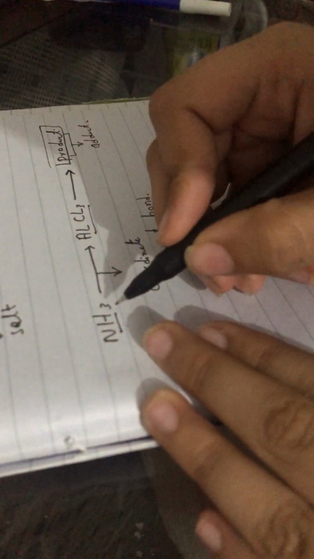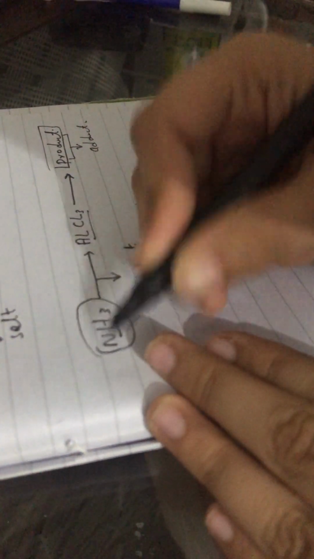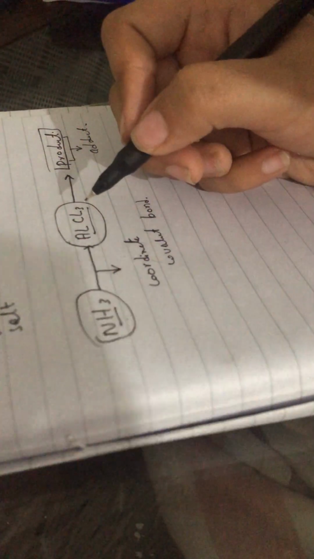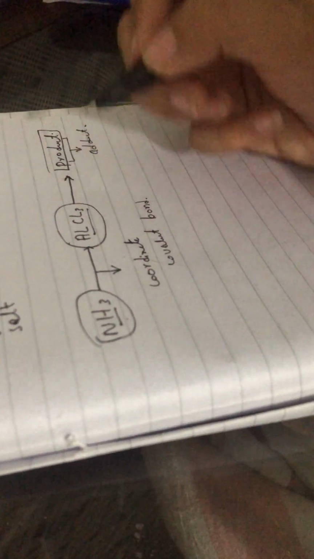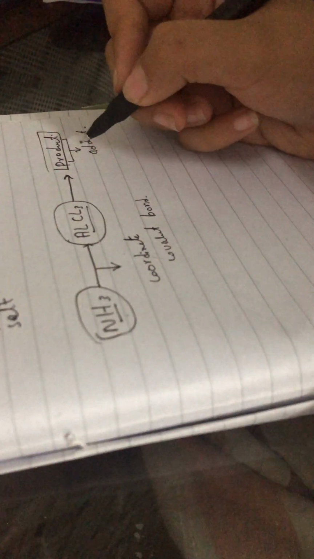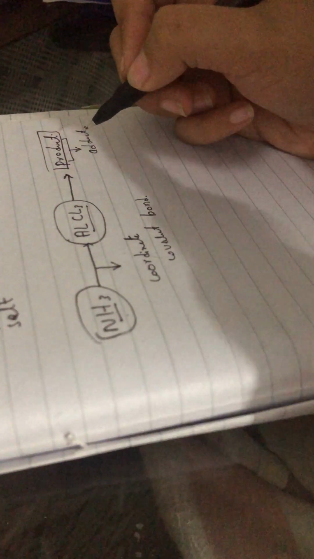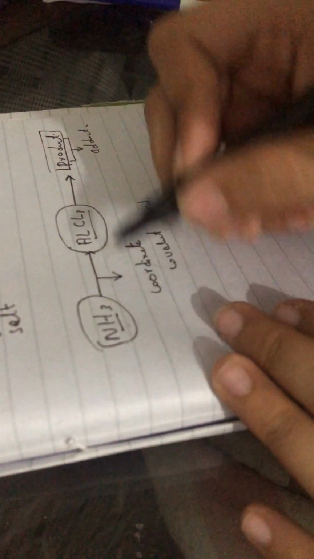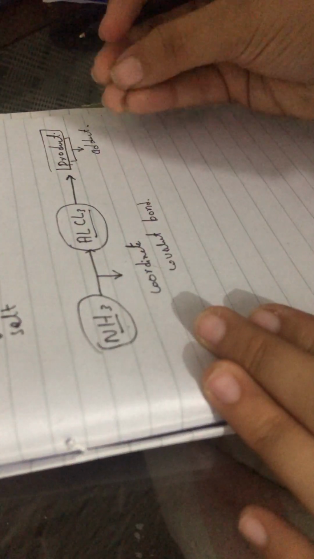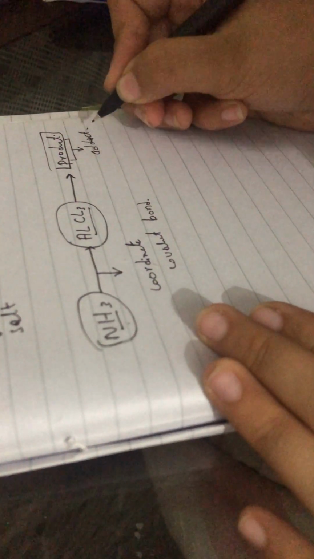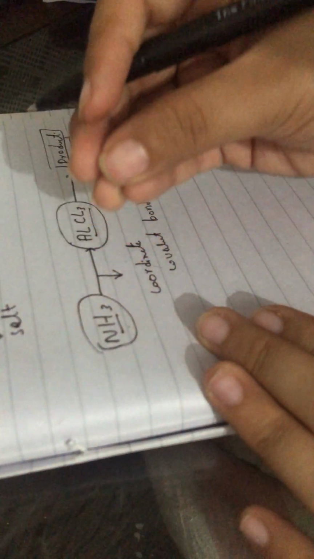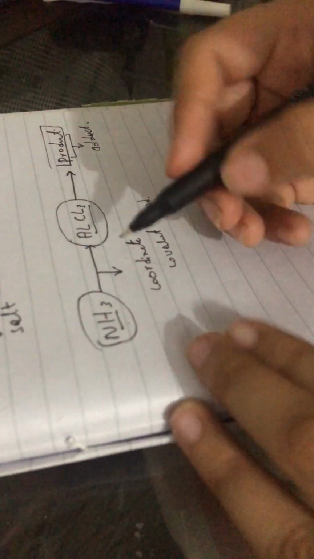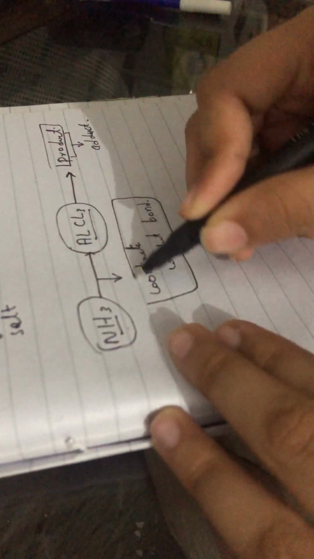When we add these two compounds directly, we get one product that has all the atoms of these two compounds, and that is known as an adduct. The bond between the two that are directly added to each other is the coordinate covalent bond.